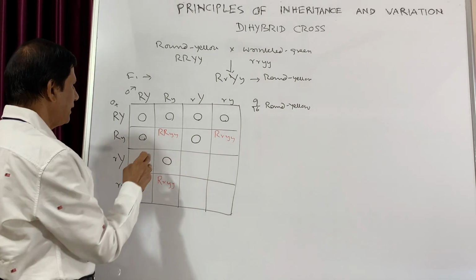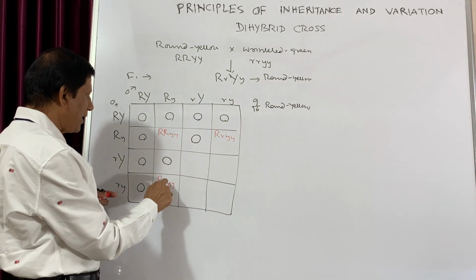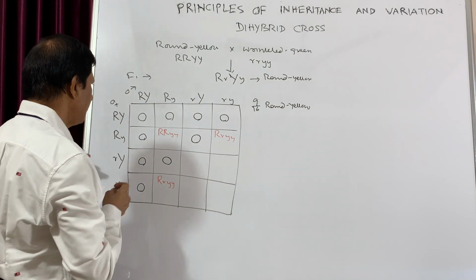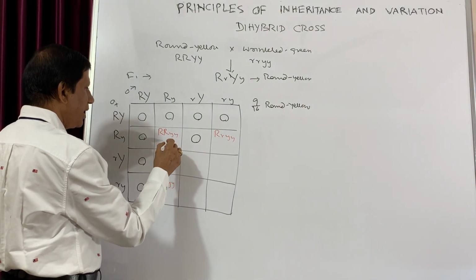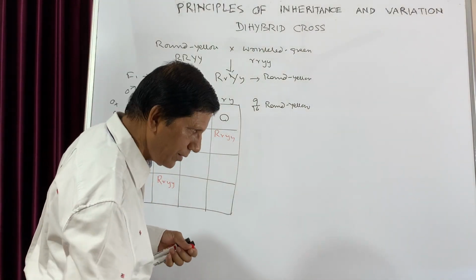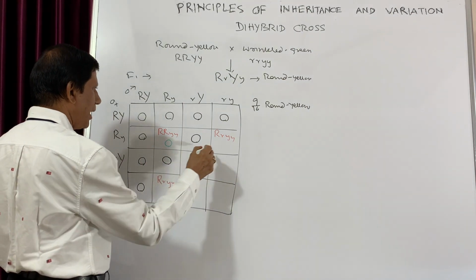So, when it is capital R, it is round. But when y is in lower case, it will be green in color. That means this is round and green. This is round and green in color.